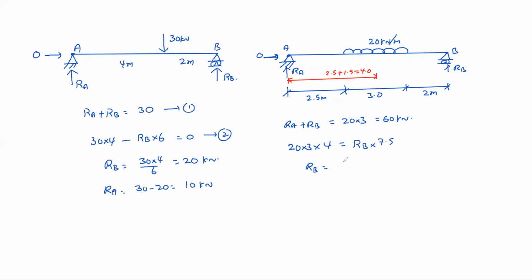So RB equal to 20 into 3 into 4 by 7.5. So 3 2.5s is 7.5, then 2.5 eights. So 8 into 4, 32 kilonewtons RB. Obviously RA equal to 60 minus that, that is 28 kilonewtons. So you can work out reactions easily like this.